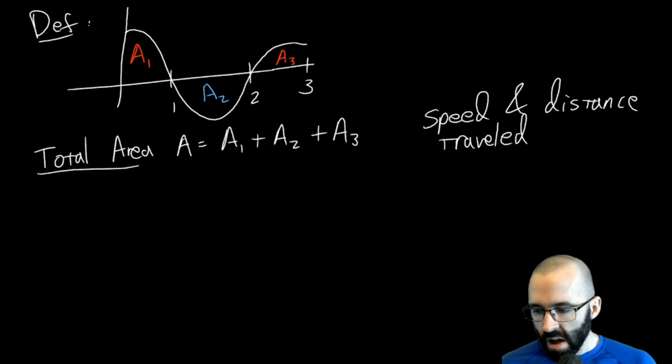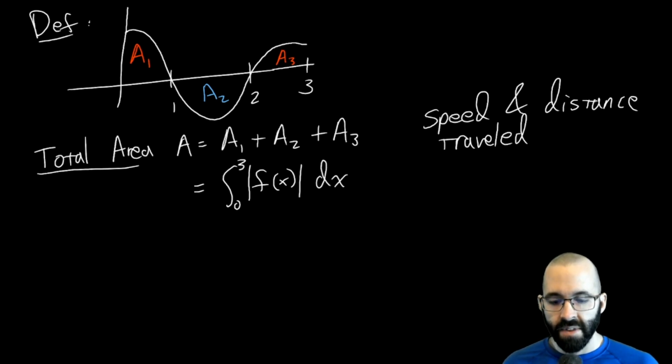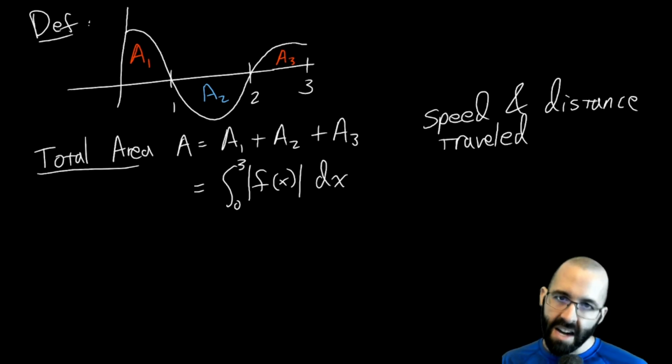And in terms of definite integrals, what we relate these areas to is the integral. Our limits of integration here are 0 to 3 of whatever our function is, but we're taking the absolute value of the function. So total area is the definite integral of absolute value of the function.